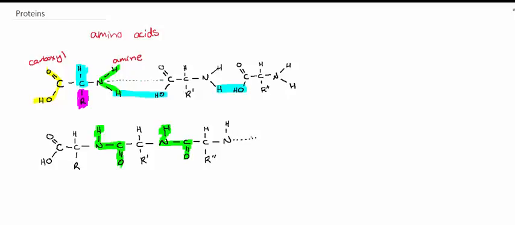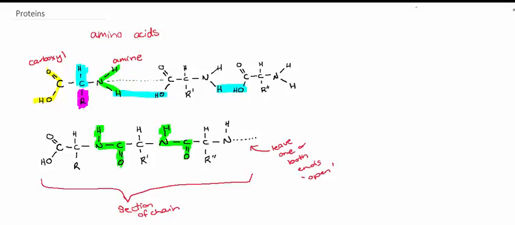You can see in this case I've left the right hand end open to say that the chain continues on in that direction, whereas on the left end here it is just the end of the structure, so that would be the end of the chain. So you've seen how easy it is to draw a section of a protein chain by linking together individual amino acid groups with an amide link.